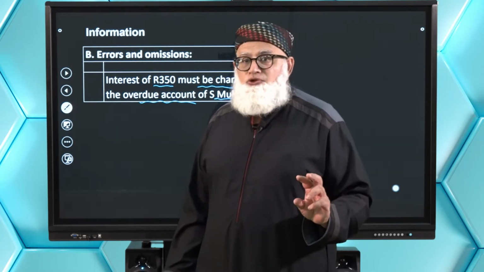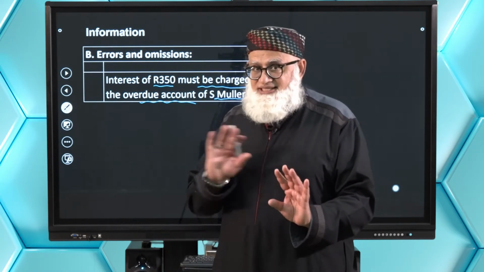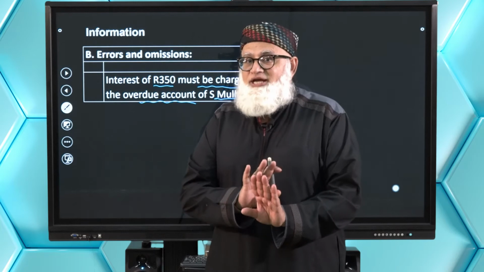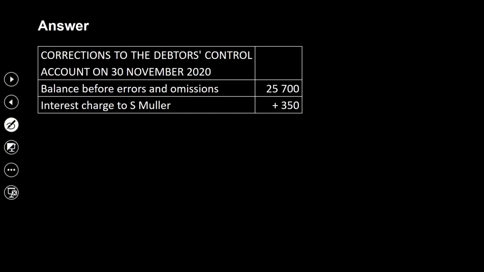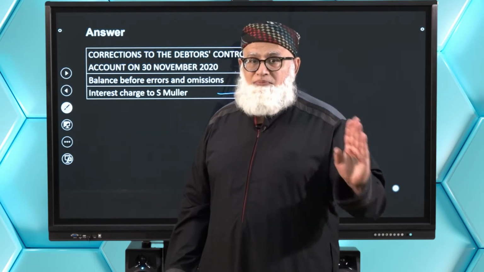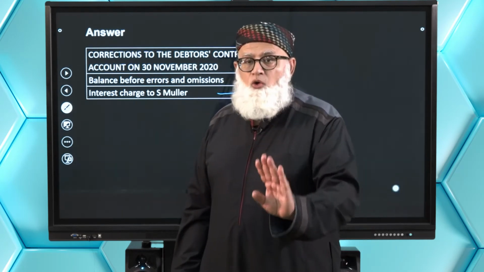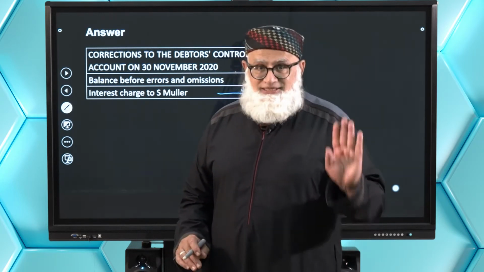But like I alluded to earlier on, for the first part of this lesson here, we're only concentrating on the control account. Therefore, if you look at your entry, it says here, charged interest to S. Miller, how much? 350. But keep this in mind, that it also affects the individual account of Miller, which we will be doing just now. For now, we're only correcting the control account. We're going to do the list just now.